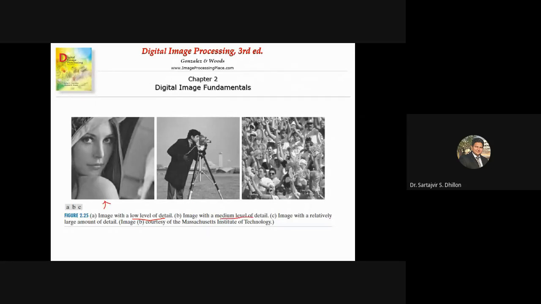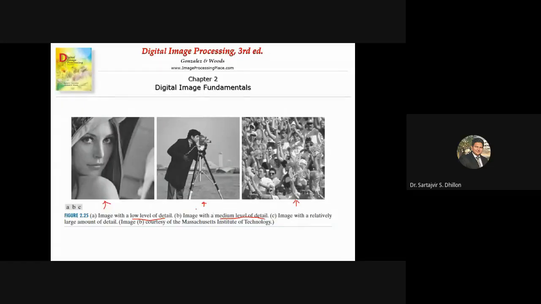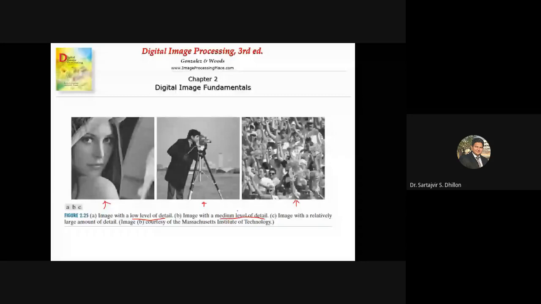The second image requires a medium level of details, because there is a background but not a lot of it. The figure C, yes, here you can see there is too much crowd, which needs a large amount of details.